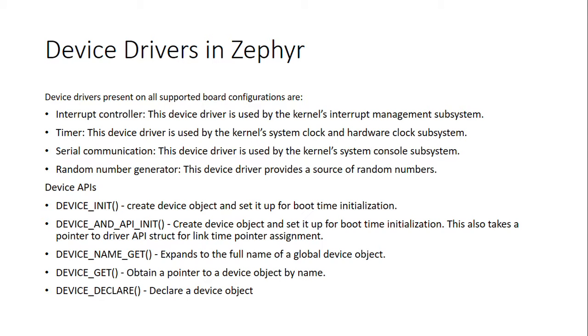This driver provides us with serial communication so that we are able to communicate with the console we have written. We had the console taking in commands like dump and enable, and we are able to use all those commands using the serial communication. We also had a random number generator. This is just a device driver that provides a source of random numbers.